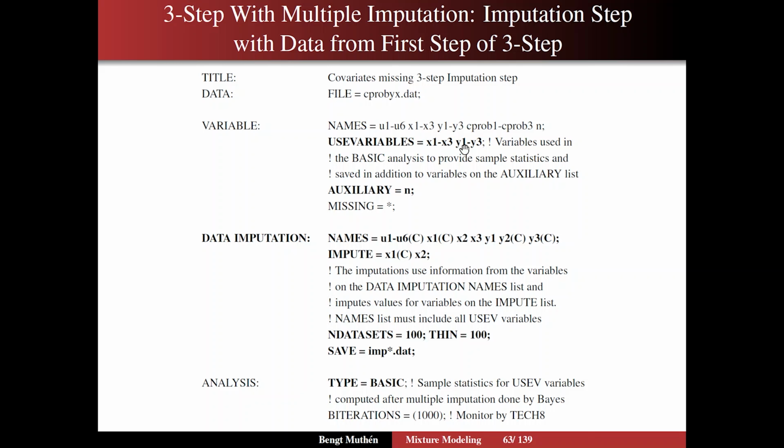These are the variables used in the basic analysis down here at the bottom to provide sample statistics, and they're also the variables that are saved in addition to the variables on the auxiliary list, which is the nominal N that we need, the most likely class variable that we need in the last step.